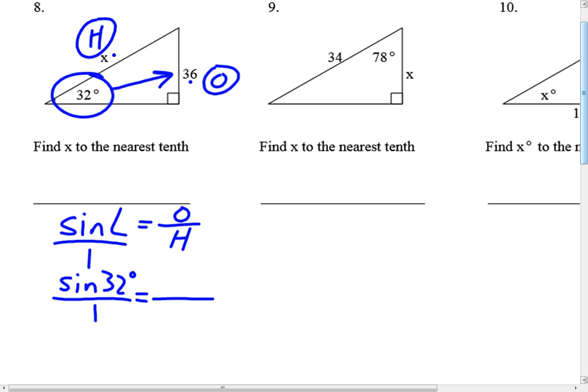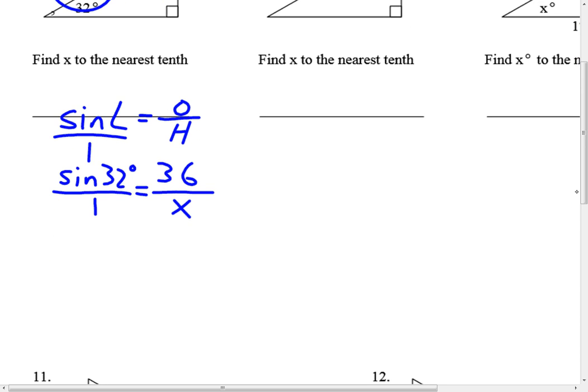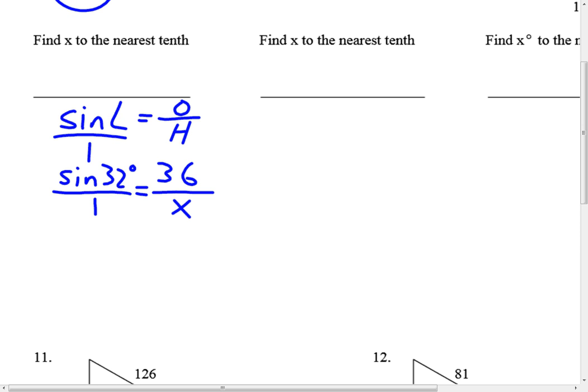What did we label as the O? 36. What did we label as the hypotenuse? X. What I recommend is that you let the calculator handle things.